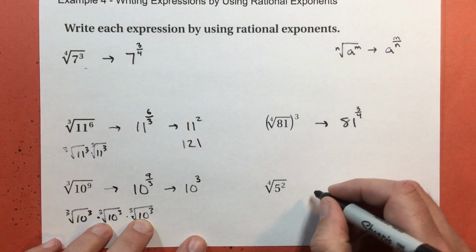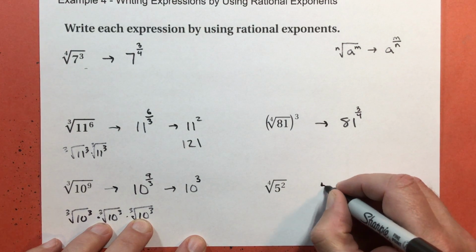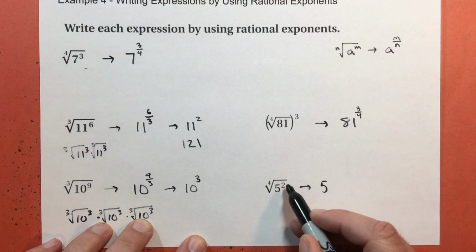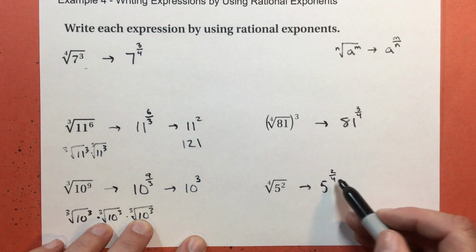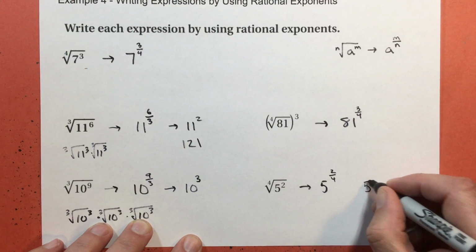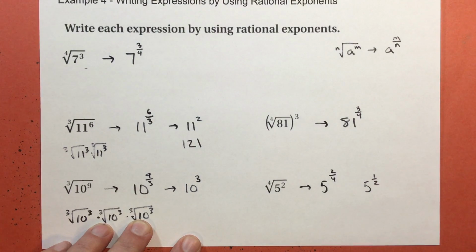Okay, for the last one, this is going to be 5 to the 2 divided by 4 power. Now, 2 over 4 does simplify. That's 5 to the 1/2 power. But I don't know what the 1/2 power of 5 is. But I know what it actually represents.